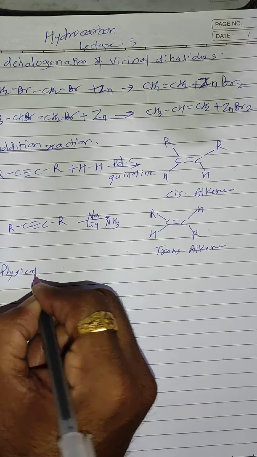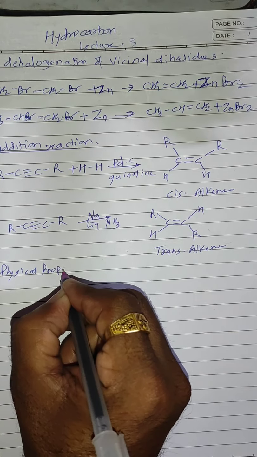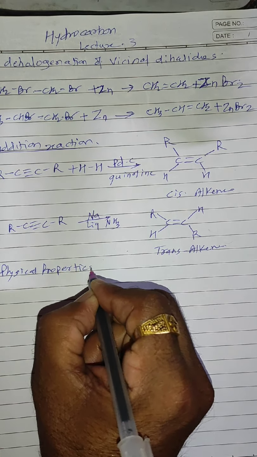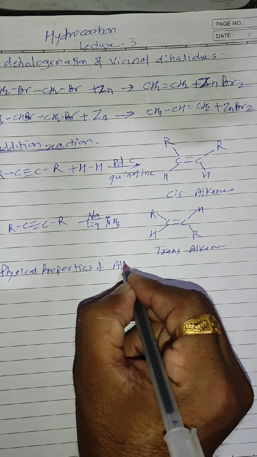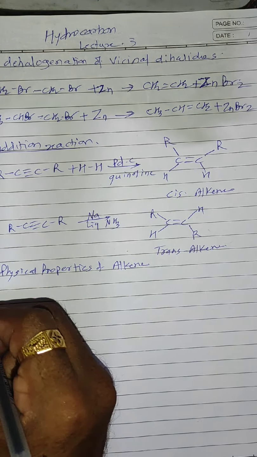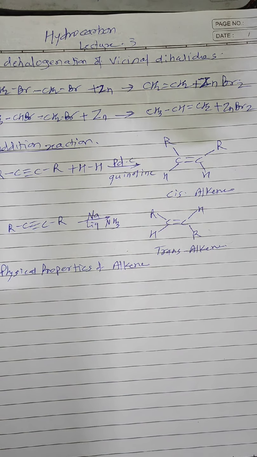The first three members, ethene, propene and butene, are gases at ordinary temperature. The next 14 members are liquids, and alkenes with more than 18 carbon atoms are solid.